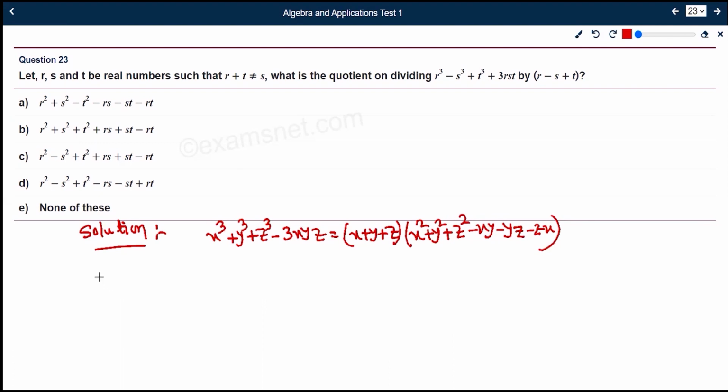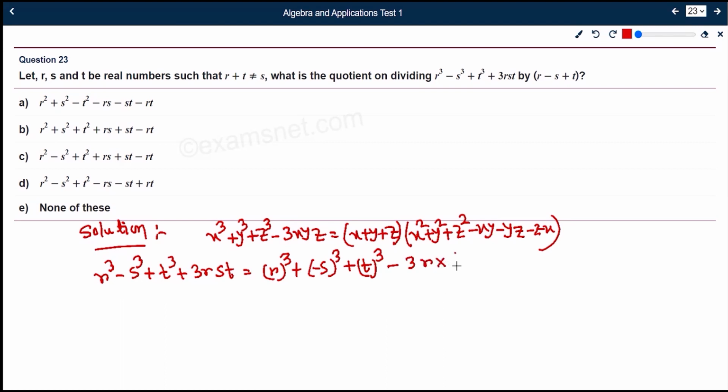Now look how. First let me write the expression r cube minus s cube plus t cube plus 3rst. This expression can also be written as r whole cube plus, in the bracket, minus s whole cube plus t whole cube, and minus 3r multiplied by minus s multiplied by t. Now look, I can compare r with x, minus s with y and t with z, so that I can use this identity.